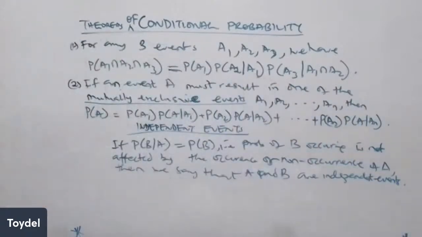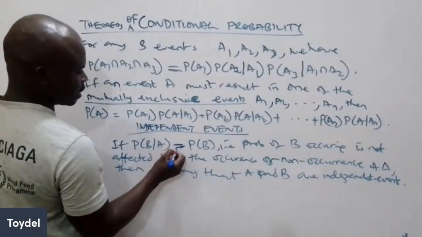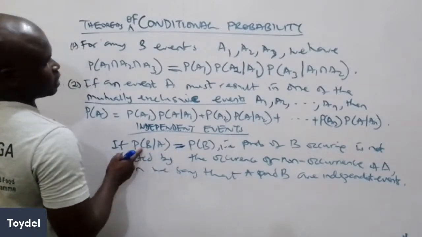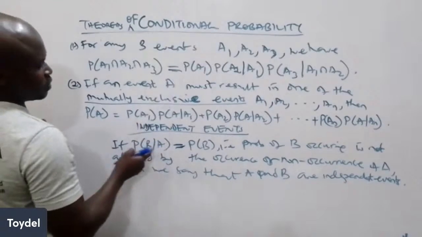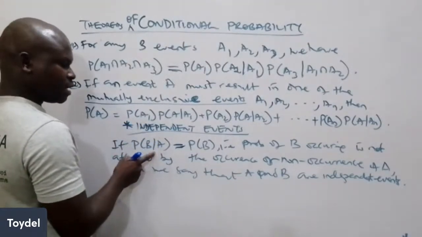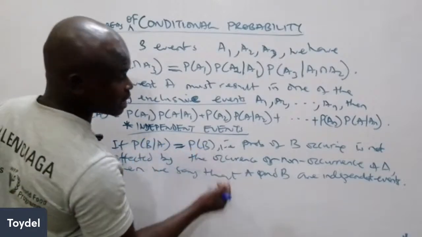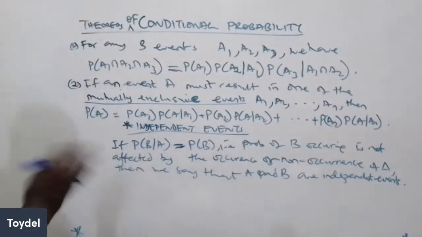So in this case, if we have two independent events, this condition does not really matter. This is conditional probability, but under independent events, this condition does not really matter because probability of B, given that A has occurred, is the same thing as probability of B. That is, probability of B occurring is not affected.